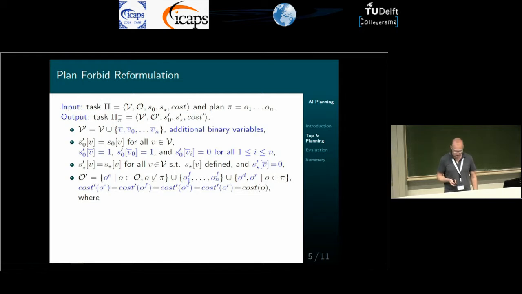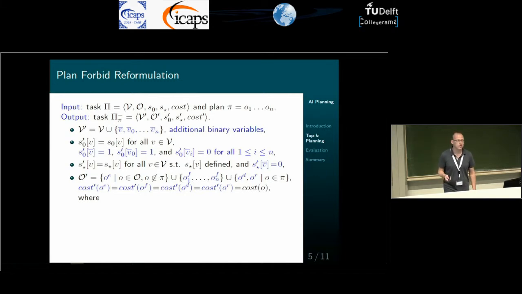I will not focus on the initial and goal values of those variables, maybe on one of them. The variable v overline will encode whether we are still following that solution. So it will start from 1 and will require 0 in the goal state, in addition to all other goal variables of the original task.